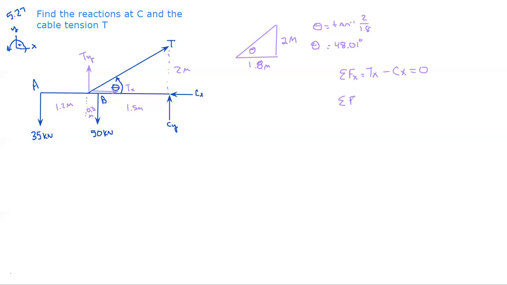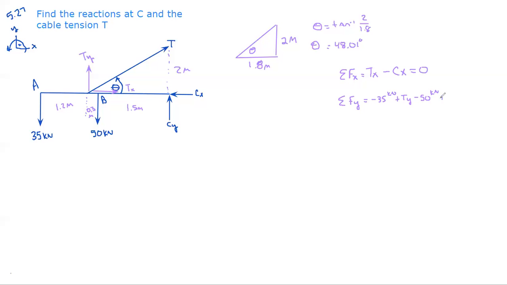Summation of the forces in the Y direction. We've got negative 35 kilonewton force. We've got Ty going up. We've got the force due to weight at point B, which is in the down direction, so minus 50 kilonewtons.